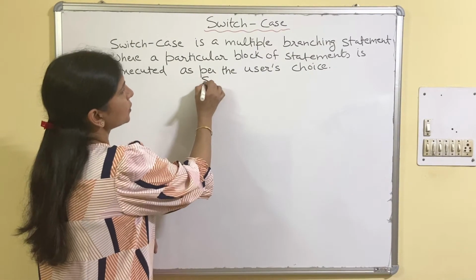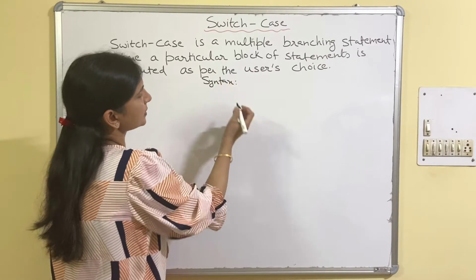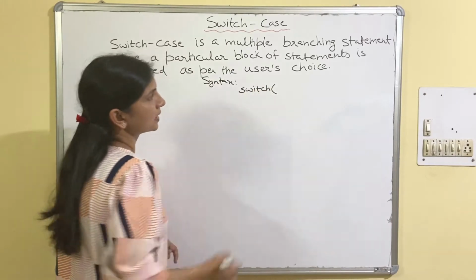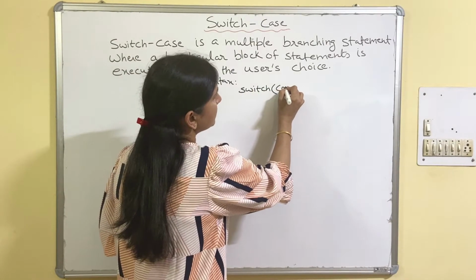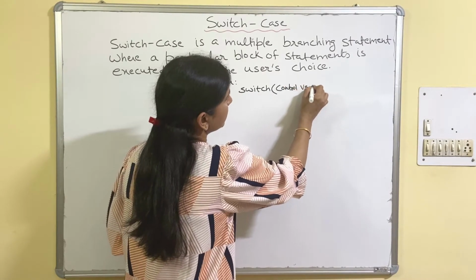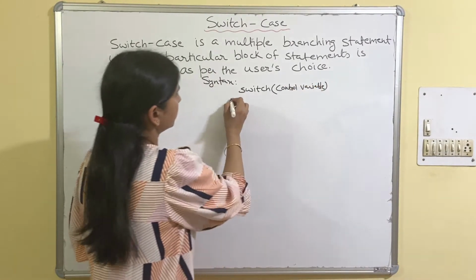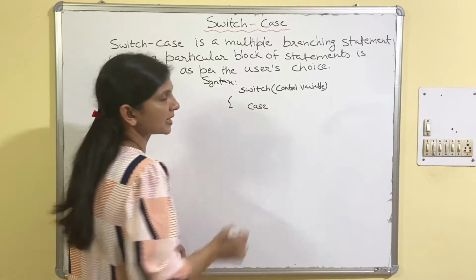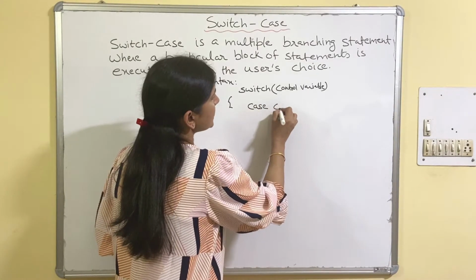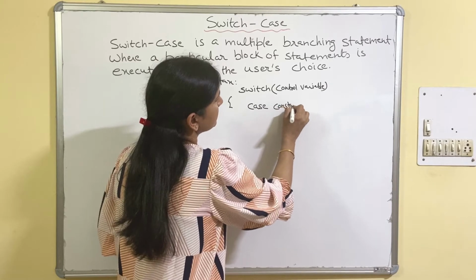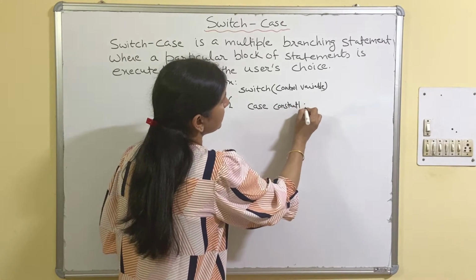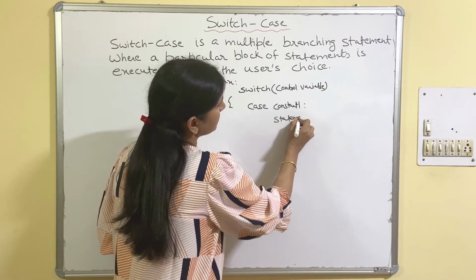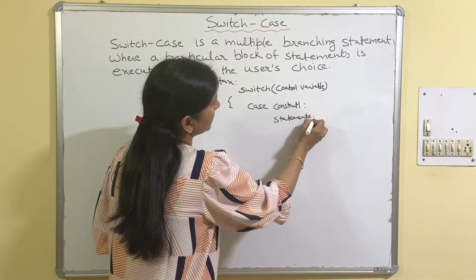So what is the syntax of the switch case statement? First we will write the switch keyword in small case. Then in switch we will pass the control variable. Then curly braces start. Case is also a keyword, constant 1, then colon, then statements, then break.